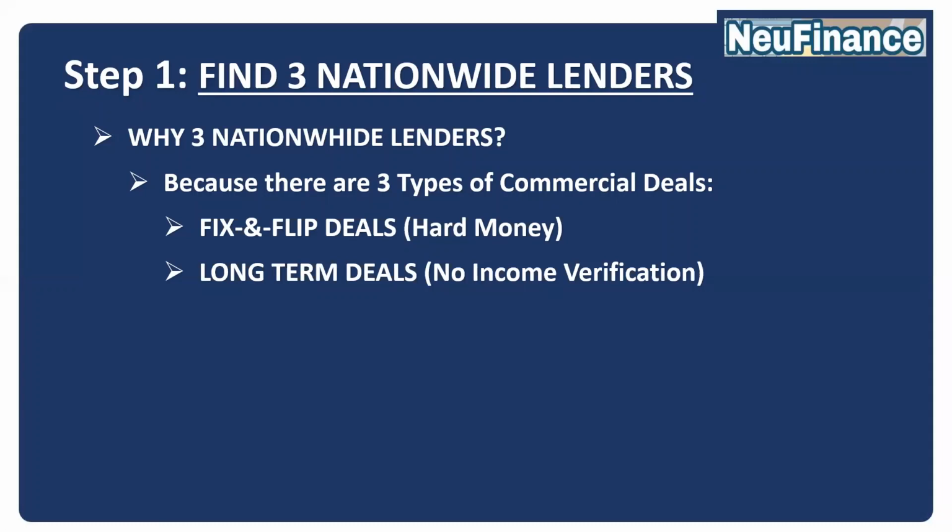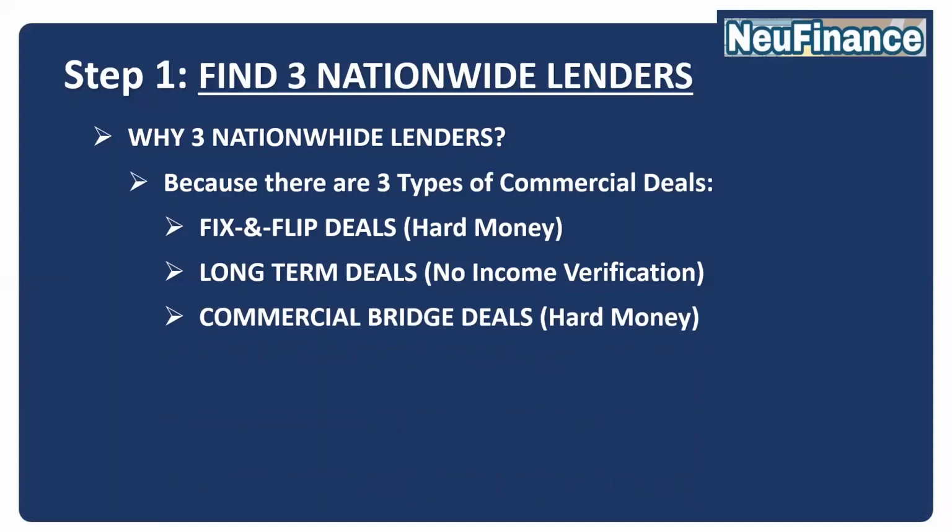It's your long-term lender. And then finally, you're going to have your commercial bridge deals. So this is just like your fix and flip borrowers who are flipping properties, 1 to 4 units. But in this case, these are bigger deals. These are like your ground up construction commercial deals where you've got a borrower who wants to buy some land, develop it, sell it, office space, or even just a commercial property that needs a little bit of renovation.